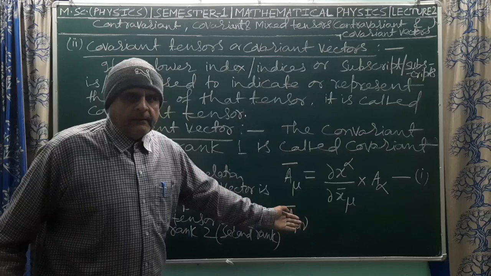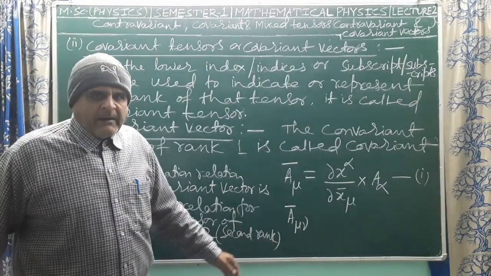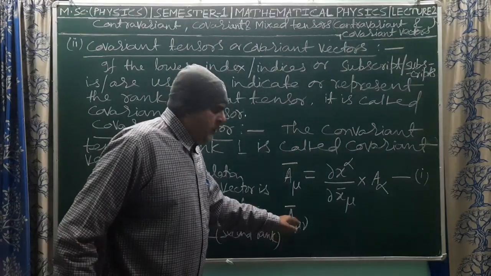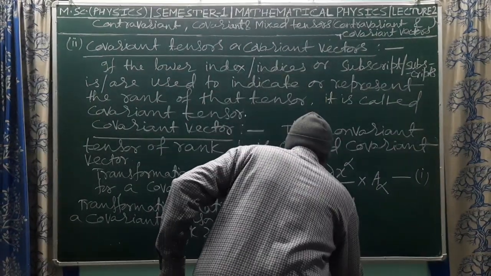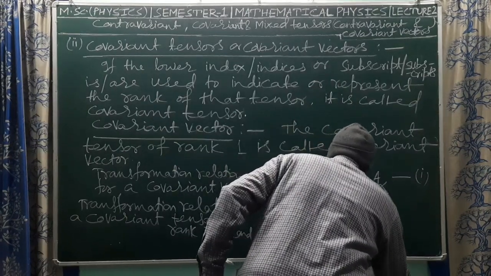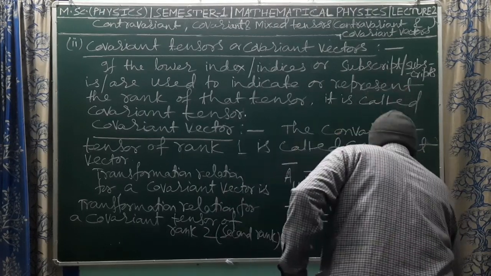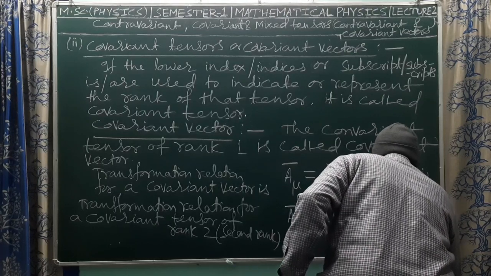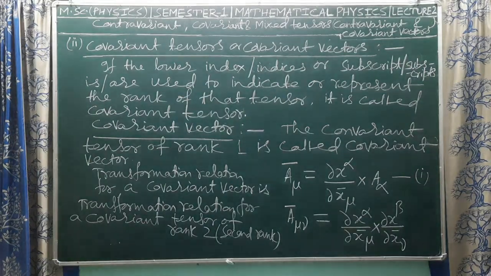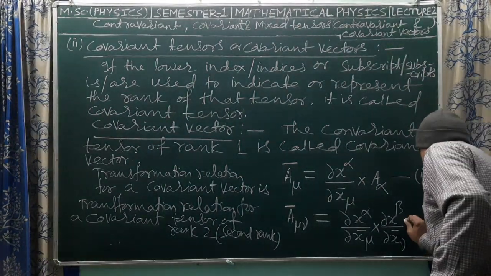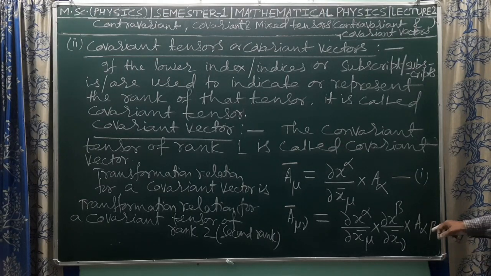तो यहाँ पर म्यू एंड न्यू, x bar mu कोऑर्डिनेट सिस्टम में क्वांटिटीज हैं, वेरिएबल्स हैं. म्यू एंड न्यू की वैल्यूज 1, 2, 3 से लेकर n तक हो सकती हैं. तो a bar mu nu is equal to del x to the power alpha upon del x bar mu multiplied by del x to the power beta upon del x bar nu multiplied by a to the power alpha beta, as lower indices.